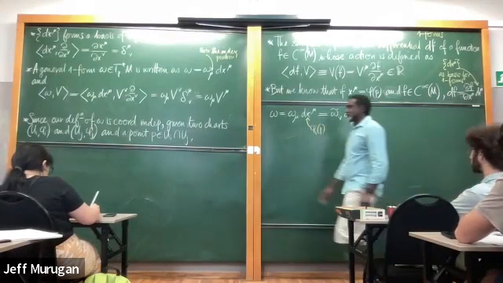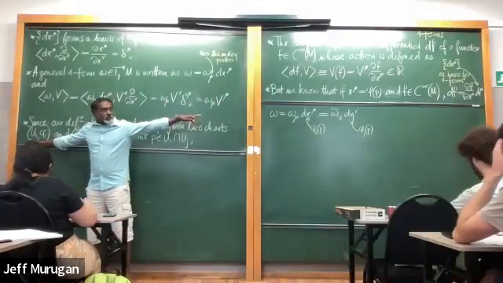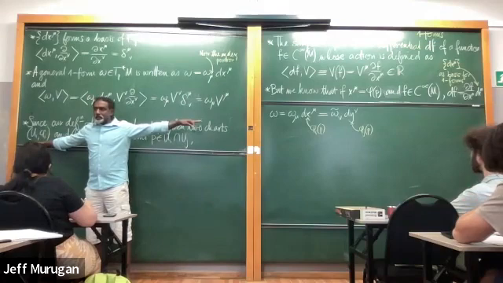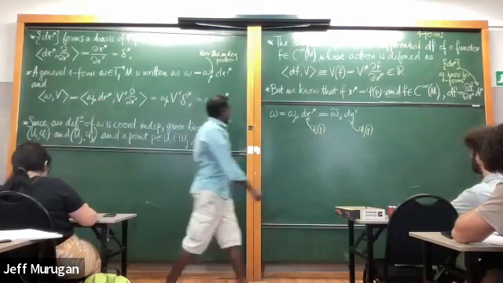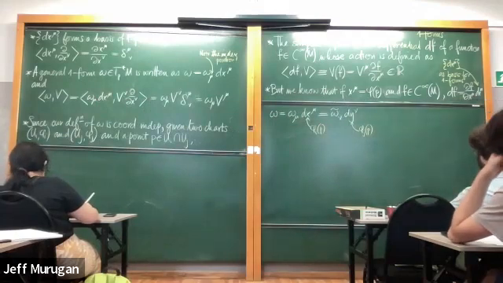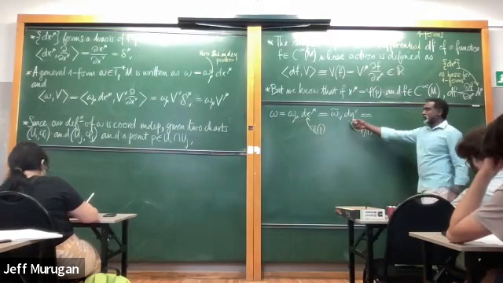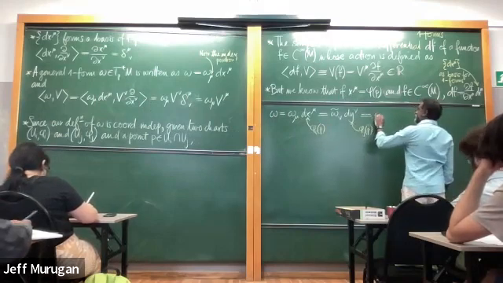Right, so this point P lies in the intersection between the two charts. In one chart, I pick coordinates x, and in the other chart I pick coordinates y. Because this definition was coordinate independent, I can expand omega in both those coordinates.